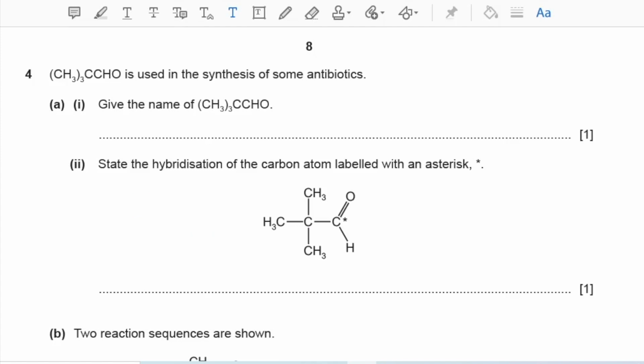CH3 tri-CCHO is used in the synthesis of some antibiotics. Part A1, give the name of CH3 tri-CCHO. So first of all, I'll draw the structure to make it easier for you to give name to it. So CC. This carbon, first carbon atom, is attached to 3 methyl groups.